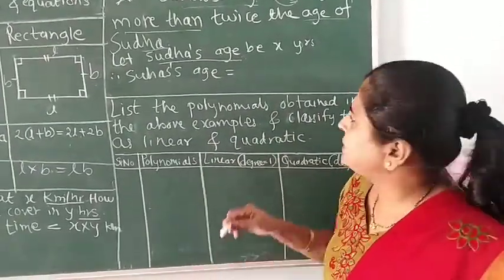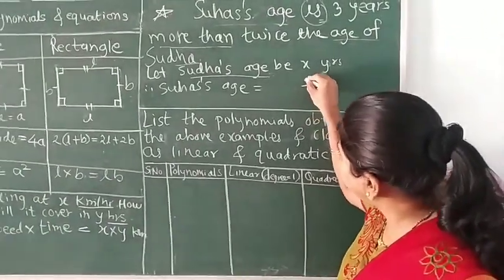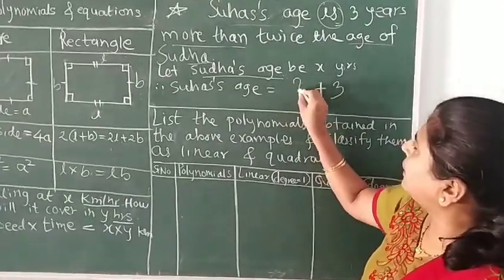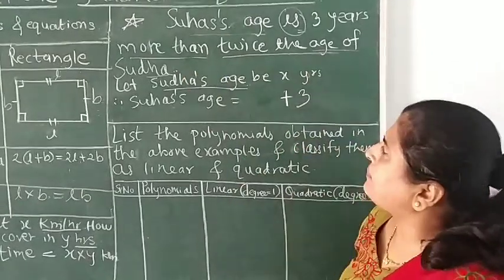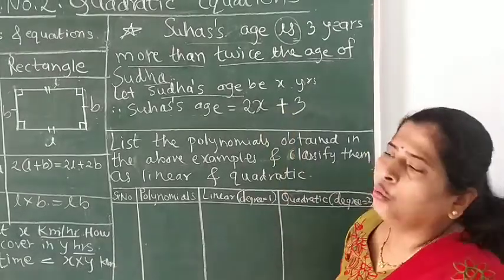Whatever something that we will see. But if it is 3 years more, more means you have to add. So 3 years more than what? Here what will we write? Twice the age of Sudha. Now if Sudha's age is x, its twice will be 2x.